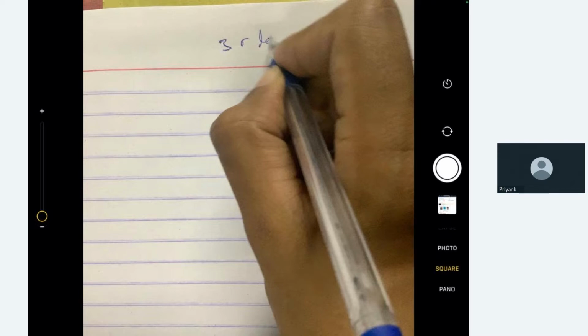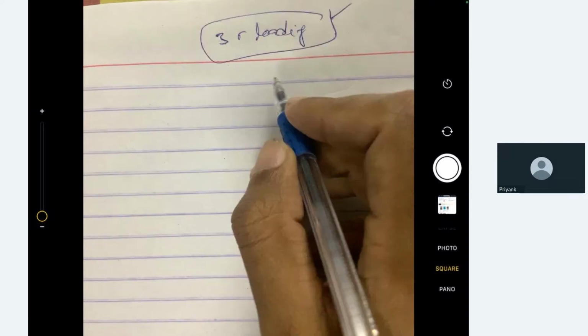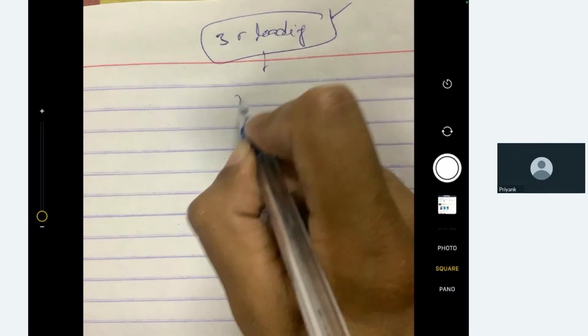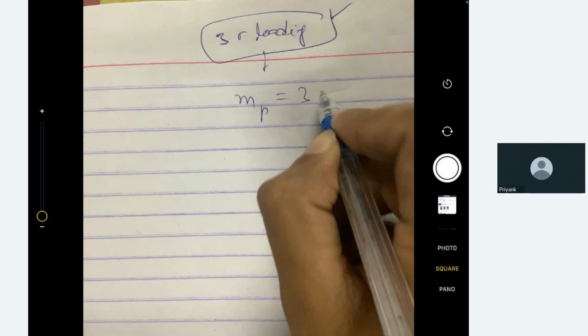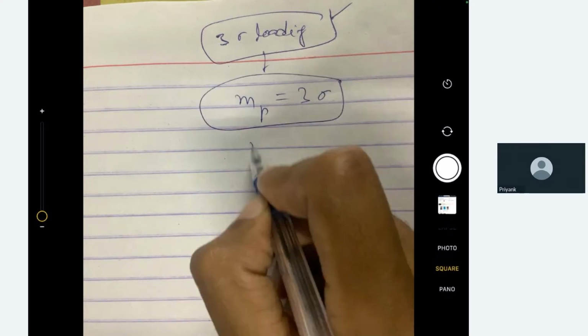Now, the important thing here is they have written 3 sigma loading. So the 3 sigma loading here means mp is equal to 3 sigma, and m rms is equal to sigma.